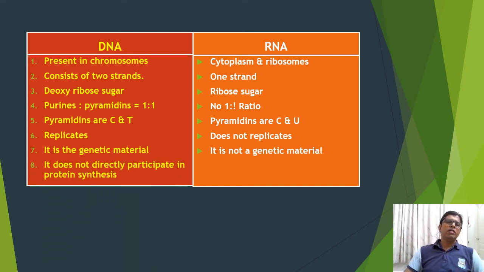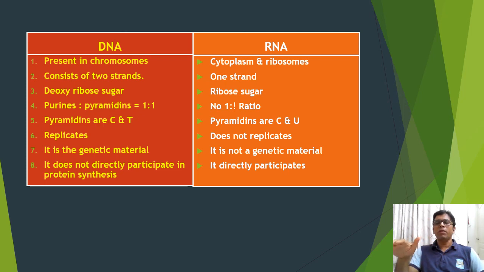And the eighth difference is that DNA does not directly participate in protein synthesis, whereas RNA directly participates in protein synthesis. All types of RNAs are directly involved in protein synthesis. mRNA carries the genetic information from DNA to ribosomes, and based on the information available in the form of codons on mRNA, a protein polypeptide chain is synthesized.